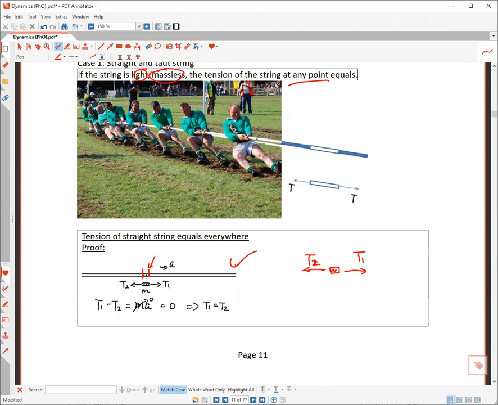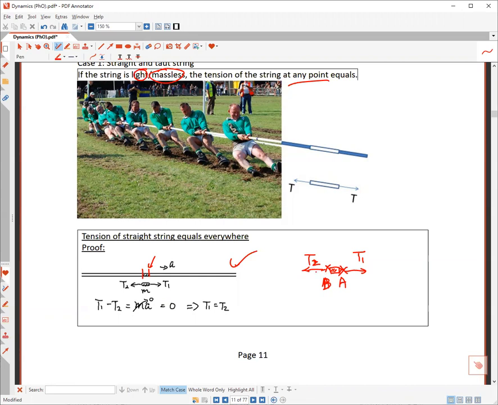Let's say this point is A and this point is B. At point A and point B, there are tensions acting on these two points. At point A, the tension T1.